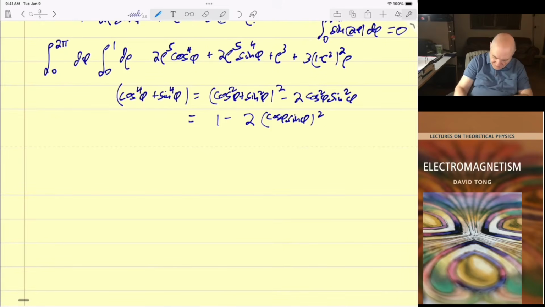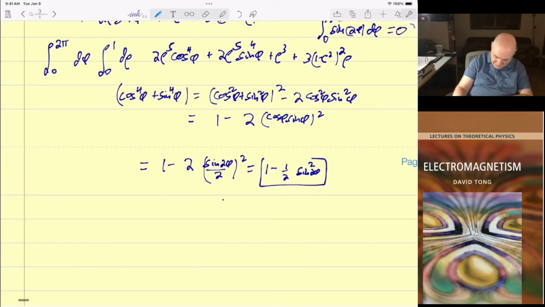Minus 2 cosine phi sine phi squared. And this is equal to 1 minus 2 times sine 2 phi over 2 squared. Remember your trigonometry, which is equal to 1 minus 1/2 sine 2 phi squared.